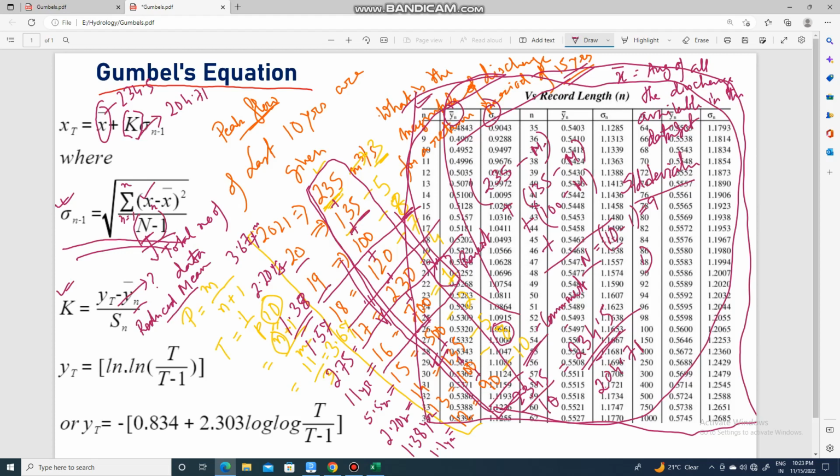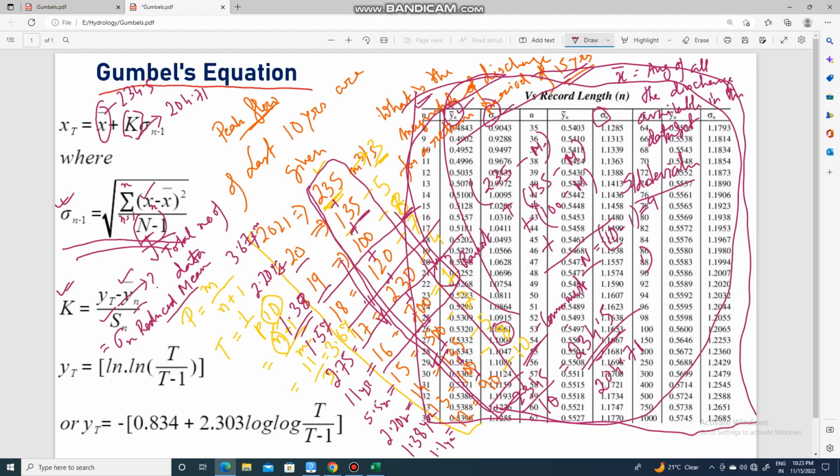Here it is shown as sigma n, but this Sn is actually equal to sigma n. This Sn and this sigma n are the same. Both are the reduced standard deviation, and this Yn and Yn bar are the same. Both are the reduced mean. This Yn is the reduced mean, this sigma n is the reduced standard deviation.